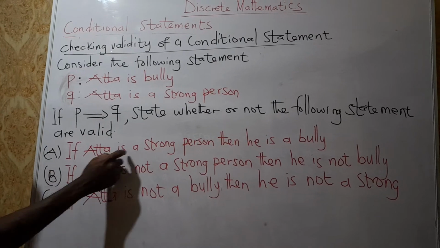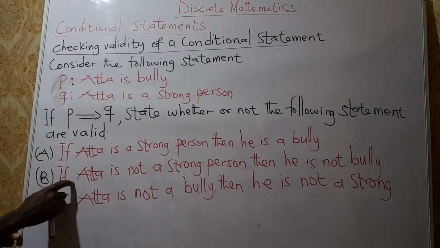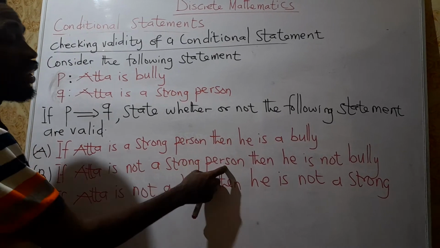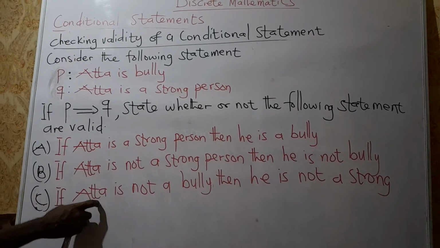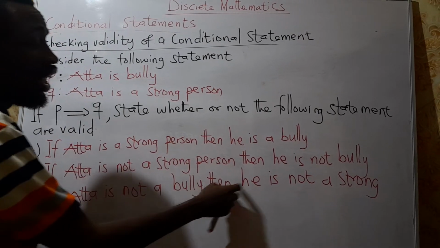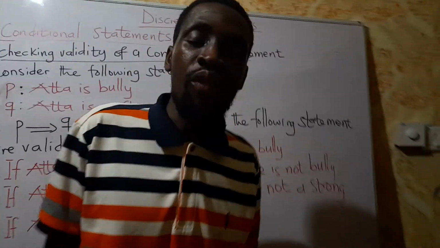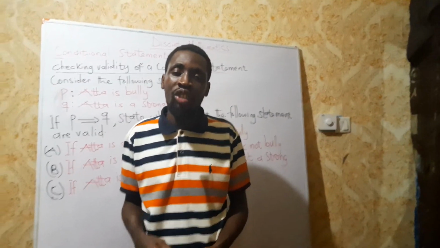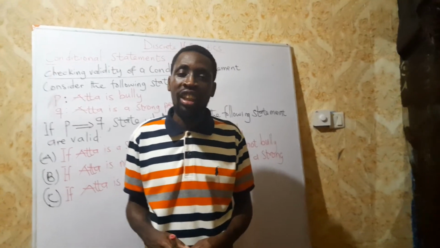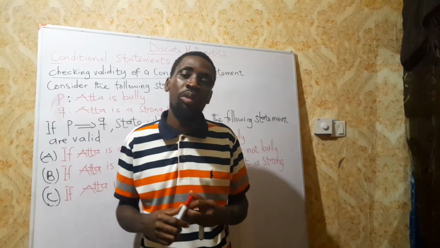A. If Atta is a strong person, then he is a bully. B. If Atta is not a strong person, then he is not a bully. D. If Atta is not a bully, then he is not a strong person. Please leave your answers of which of these statements is valid and which one is not in my comment box, and tell me where you are watching me from.